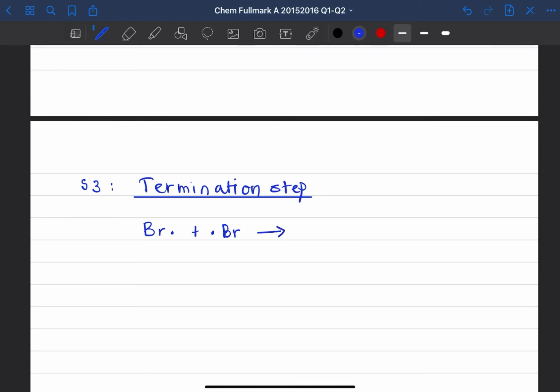So what do we have? They will form a bond, and we will have a molecule of bromine. Okay, next we take the free radical of carbon.